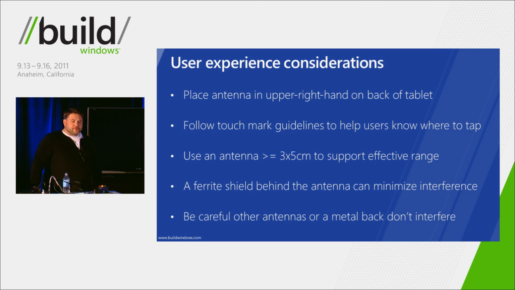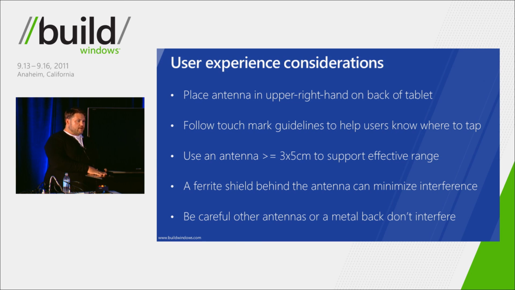I call these user experience considerations because, as you saw, proximity really is about the user interacting with a device to interact with another person. It's using the device as an extension of himself or herself. And so it's really about how the man-machine interface of something like this works.